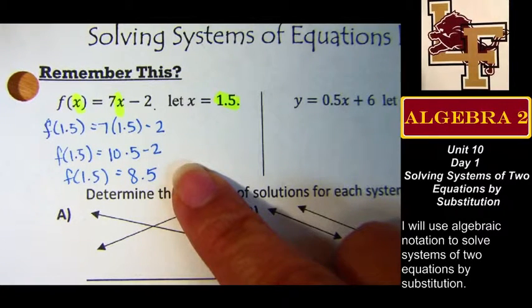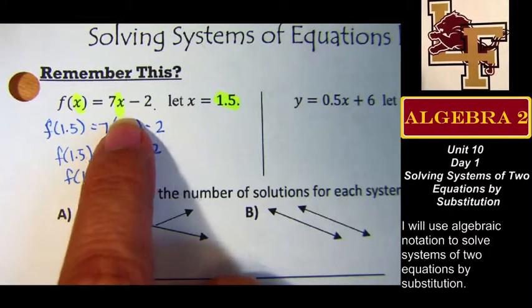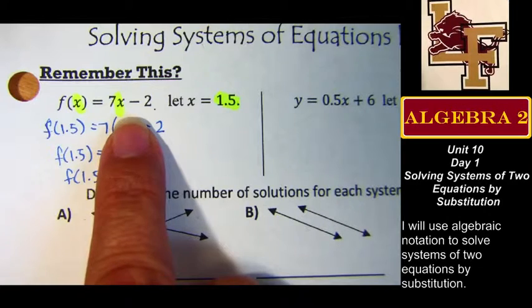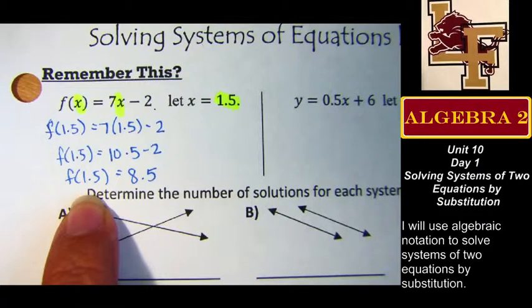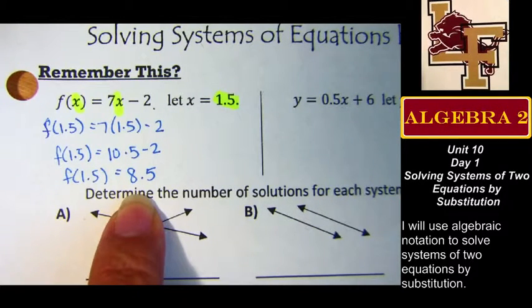And so what this line is telling you in that story context is that if this is my function of how much money I'm making off of each bag of chamoy, then f of 1.5 is telling me that when the number of units of Chamoy Gummy Bear bags I've sold is 1.5, the money I'm making is 8.5 units of money. Whatever that means, it could be dollars or pesos.